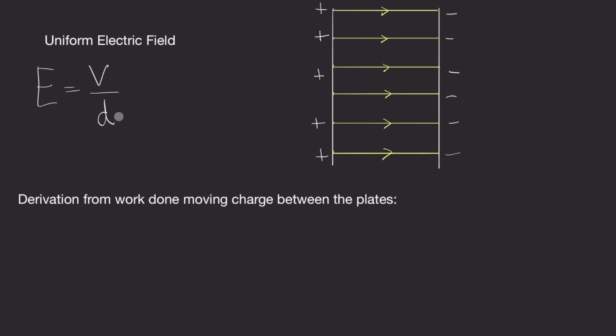Depending on its initial speed, it will either get absorbed by the plate, or if it has a fast enough velocity, it might be just a very slight curve and might just escape. On the other hand, if we had a positive particle, let's say something like a proton, at the very moment that it enters, it's going to be attracted towards the negative plate, where it also gets repelled by the positive plate as well.